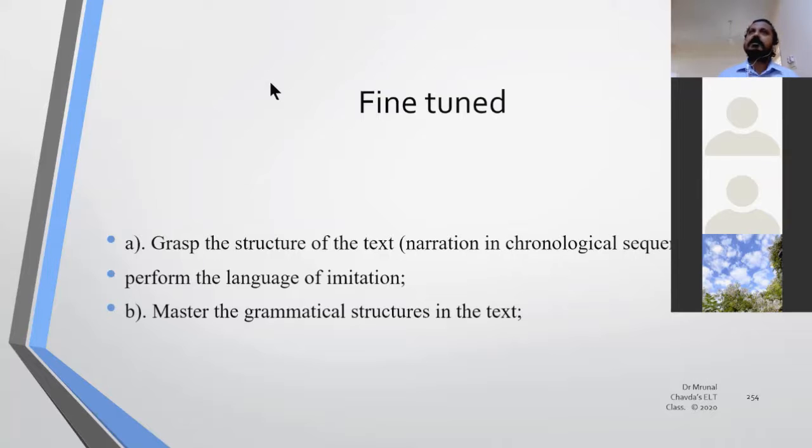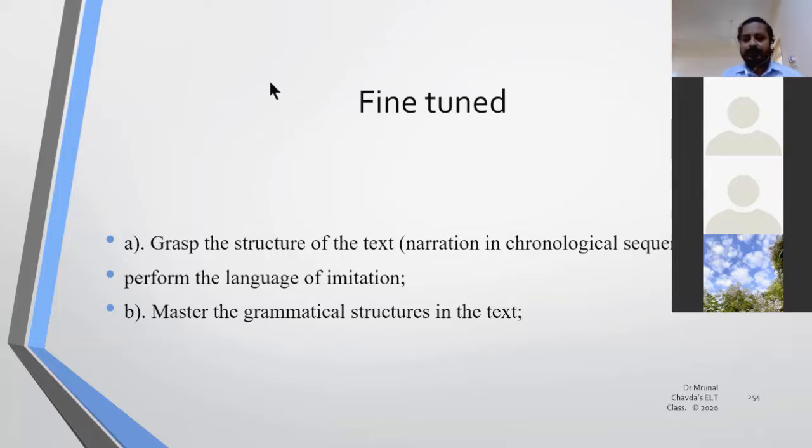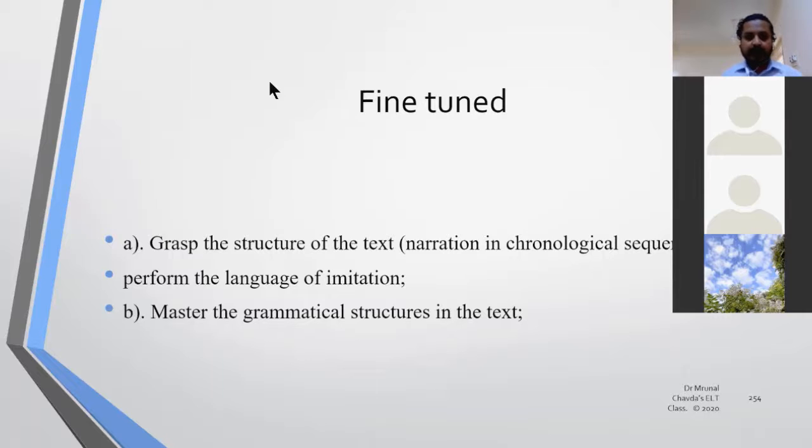In the former one, the rough activity, the students have a scope to think freely, whereas in fine-tuned activity, like you will see in a couple of minutes, students don't have scope to think freely about what they have to do in the task.